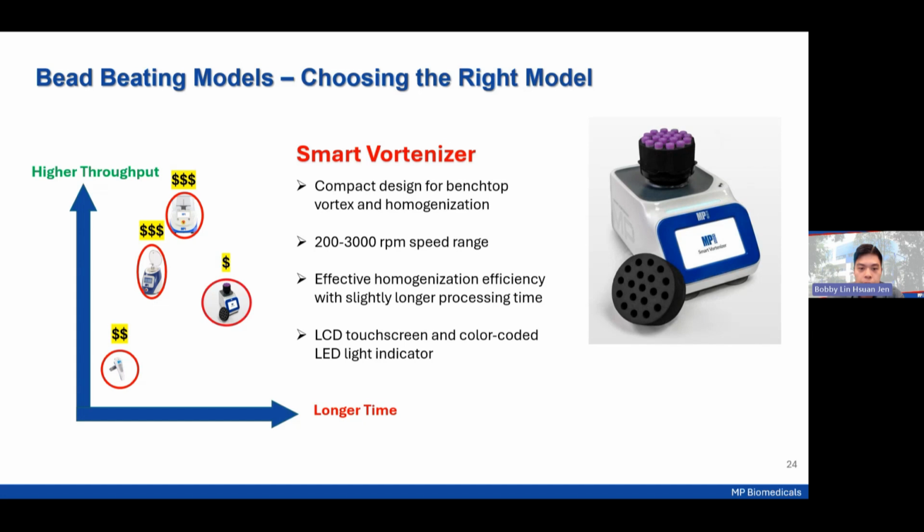It's a compact design for a benchtop vortex and homogenization system. The speed range starts from 200 to 3000 RPM, and its performance results have shown that it's effective in extracting DNA and RNA, generating good yield and purity.